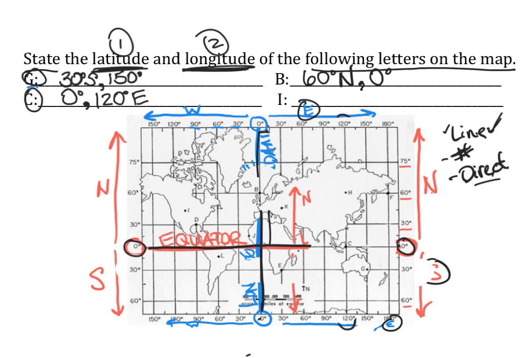All right, welcome back. So here is point I. This one's a little bit more challenging because the line itself doesn't have a number. But you should know that if this is 60 degrees and this is 30 degrees, 60 minus 30 is 30. And then if you want to go halfway between those two, just divide it by 2.